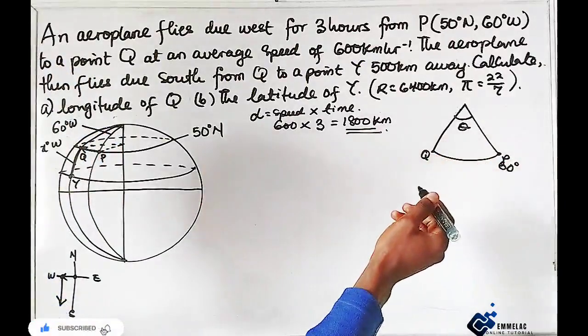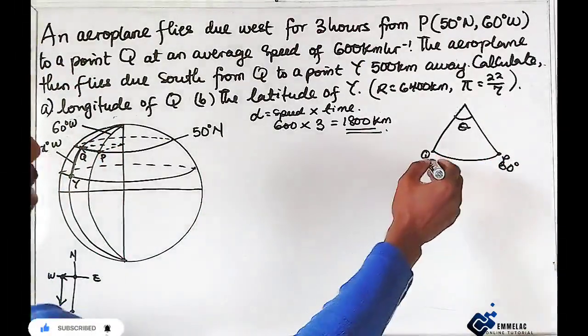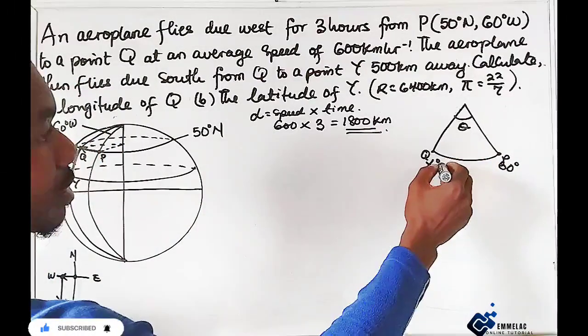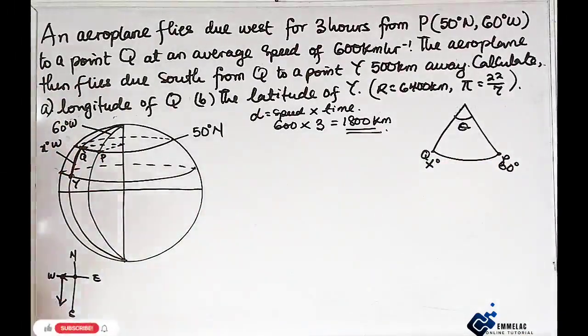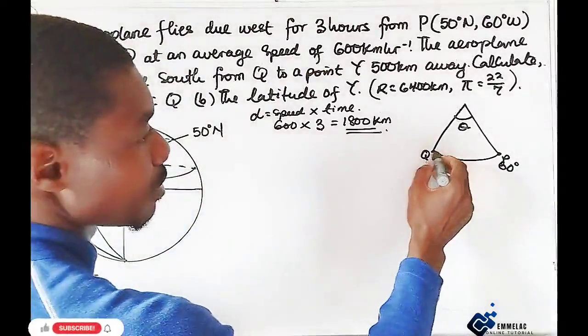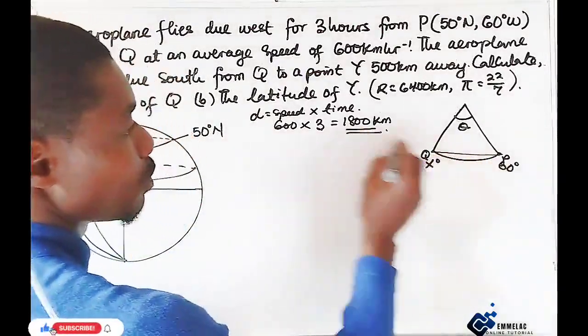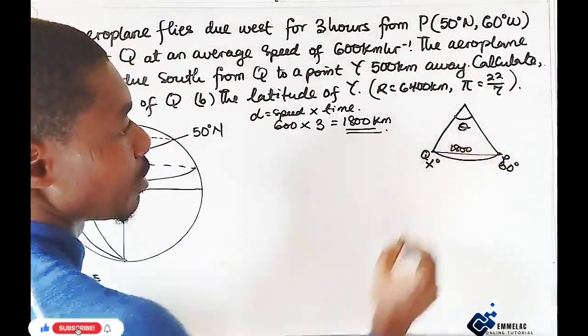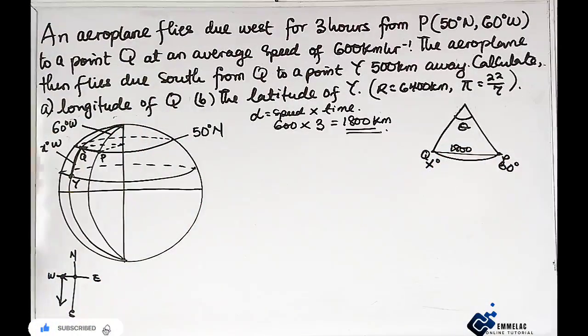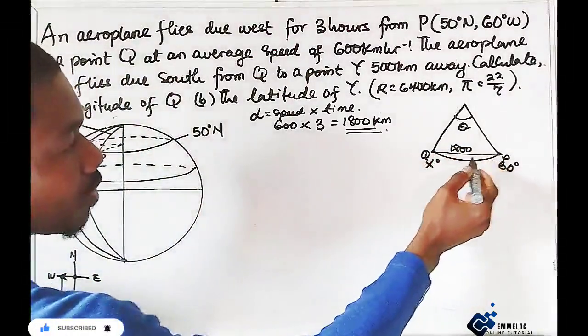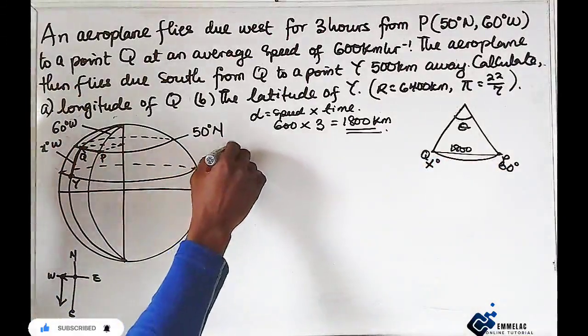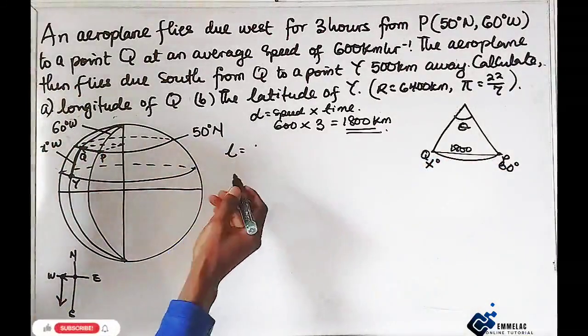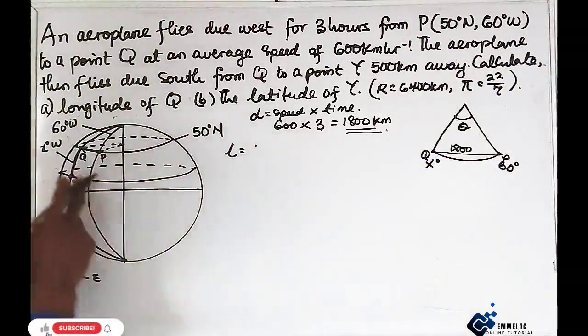So let us assume, as I've said, let's say this is X. And the distance from here to here, with what we just calculated, is 1800. This is the length of an arc, L equals to, let's see, the angular difference.